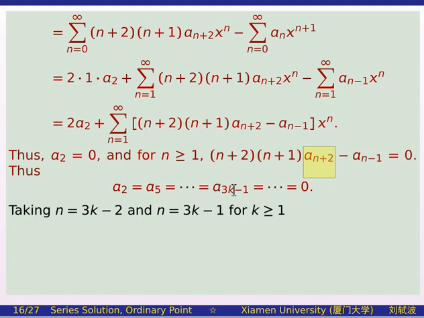So we have a3k minus 1, a3k, and a3k plus 1. All these three subsequences of a give us the complete sequence of the coefficients an.